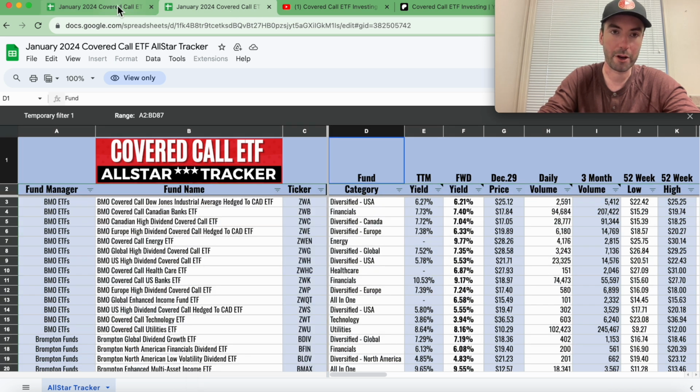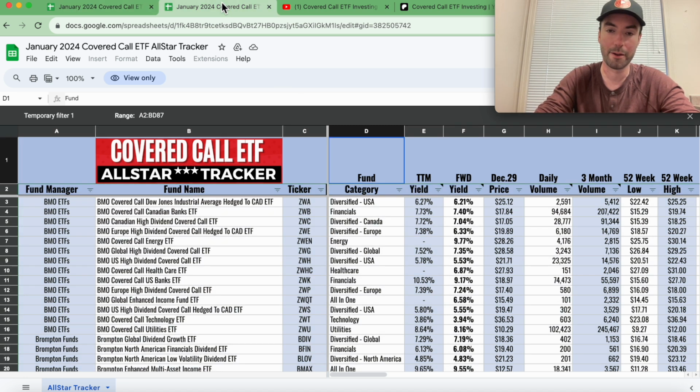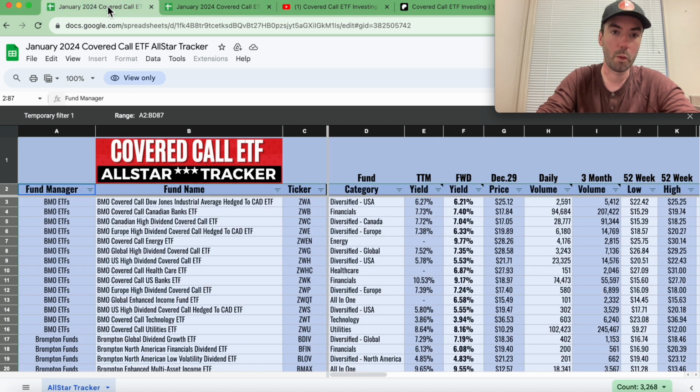Okay, so we'll go back over here. The reason I have two windows is that in one window we're going to filter the all-in-one funds, and in the other one we're going to use sector-based funds. So let's go over to the first tab and go to fund category.